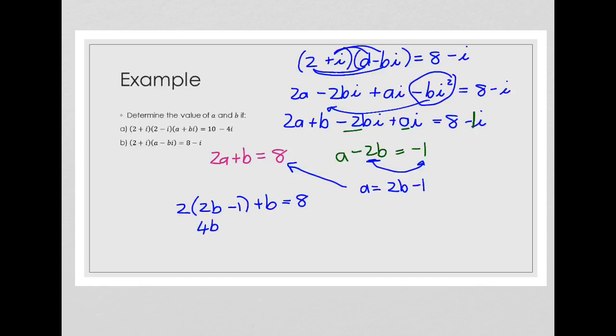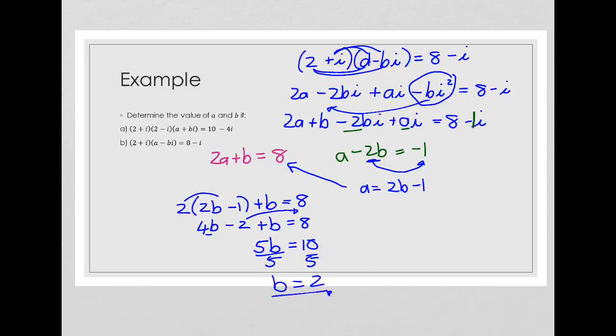I'm going to multiply the 2 into the bracket, and I'll get 4b minus 2 plus b equal to 8. 4b plus b is 5b, and if I take the negative 2 to the other side, that will be equal to 10. From this, I divide by 5, and I get that b is equal to 2.